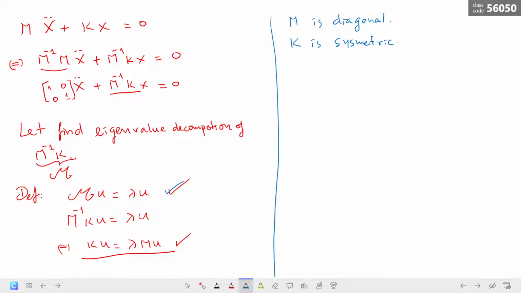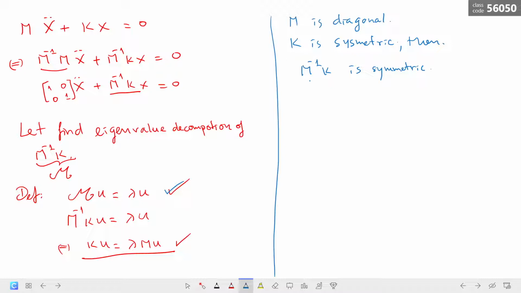Then inverse K is still symmetric, right?